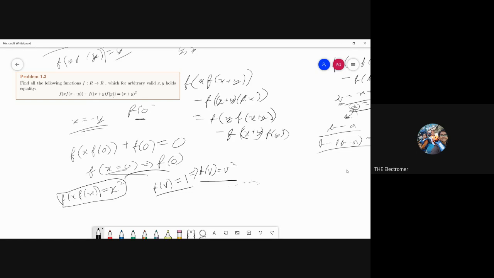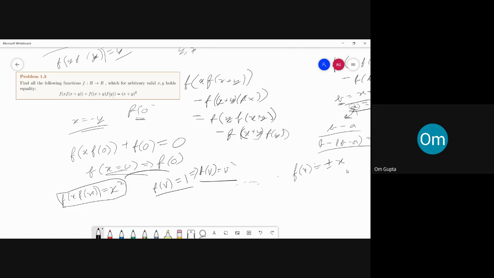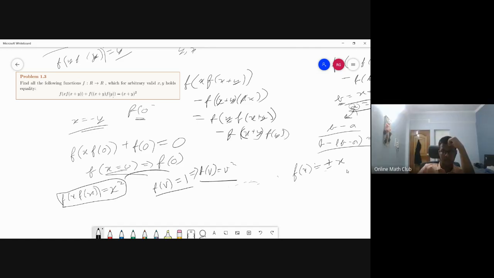If we get injectivity, he was saying. These are solutions. What else is a solution? f of x equals minus x. f of x equals x and f of x equals minus x are separate solutions.